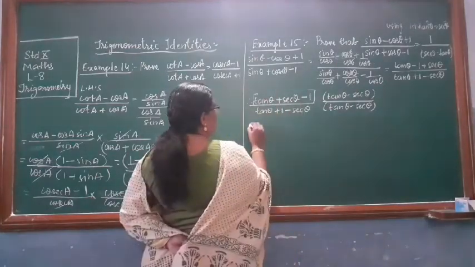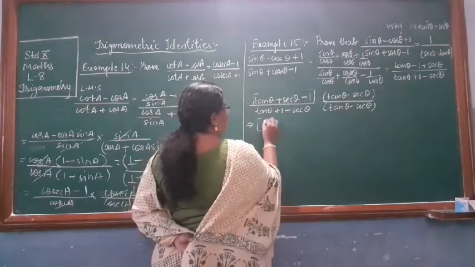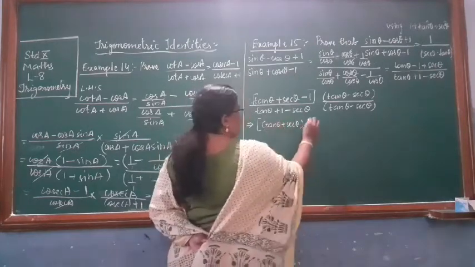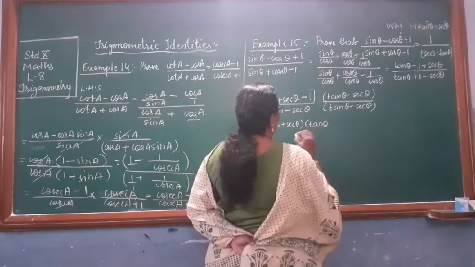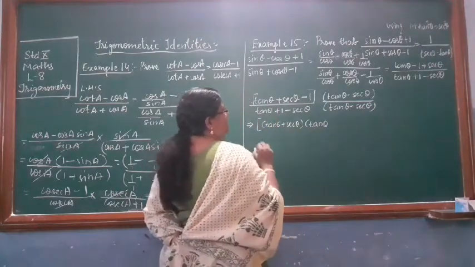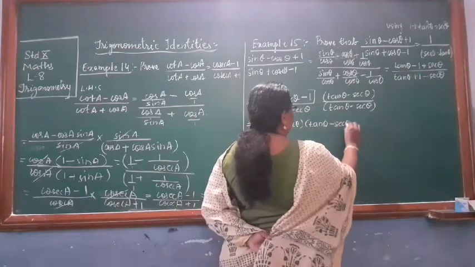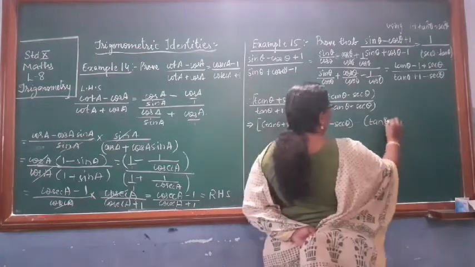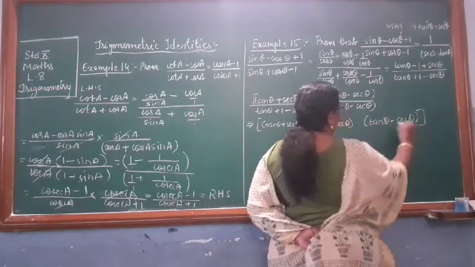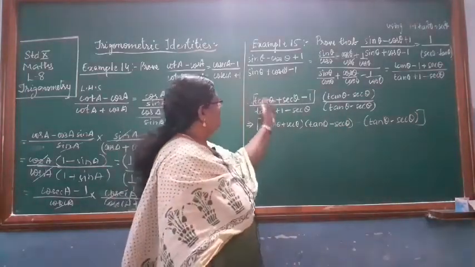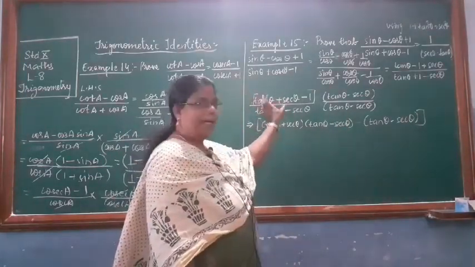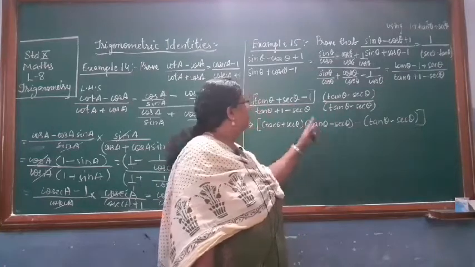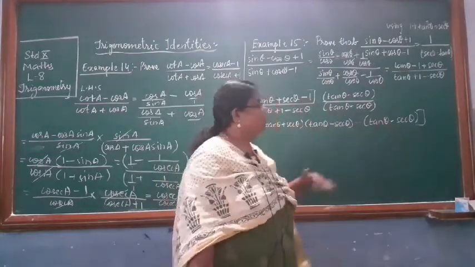So what do I have now? My equation as I have tan theta plus sec theta into tan theta minus sec theta minus tan theta minus sec theta. I hope you understood what I have done. I have taken these two terms together, put them in a bracket, that into tan theta minus sec theta and minus 1 into tan theta minus sec theta.